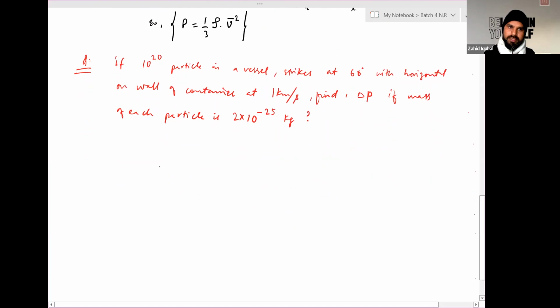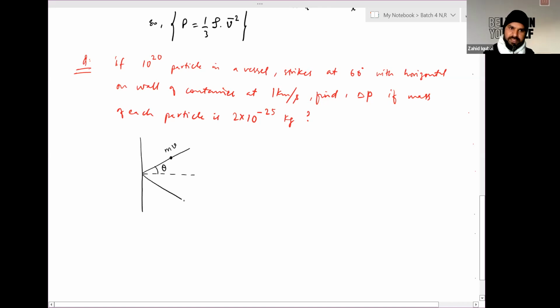Let me give you some hint on how to solve. Suppose this is the wall of the container and the normal to it will be this. Let's say there is a particle going along this way at some inclination theta with this horizontal line, having momentum m times v.